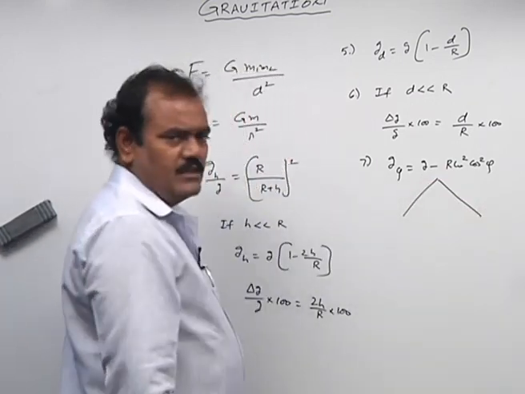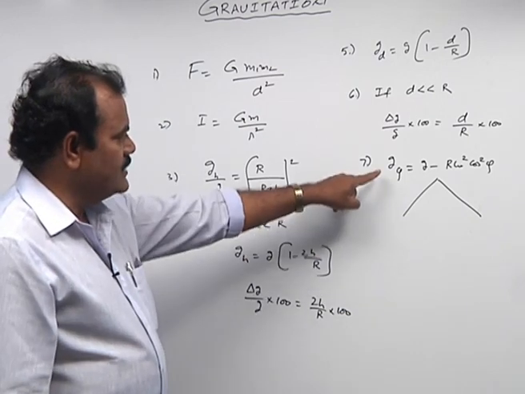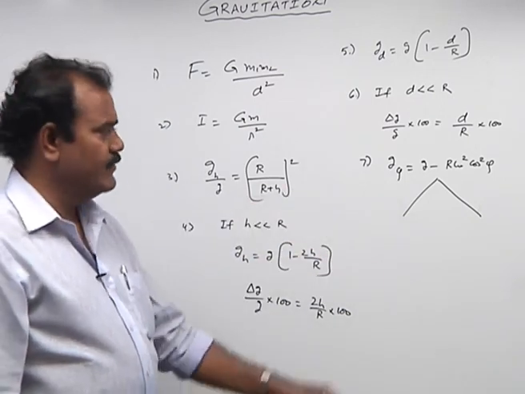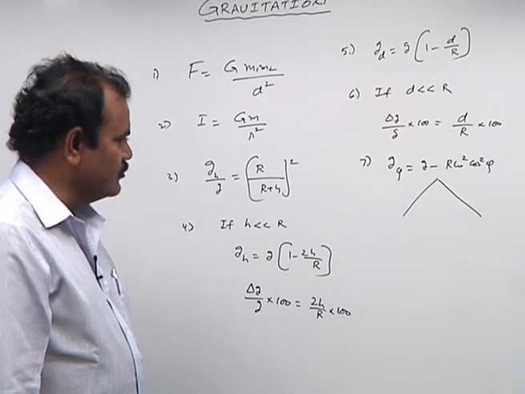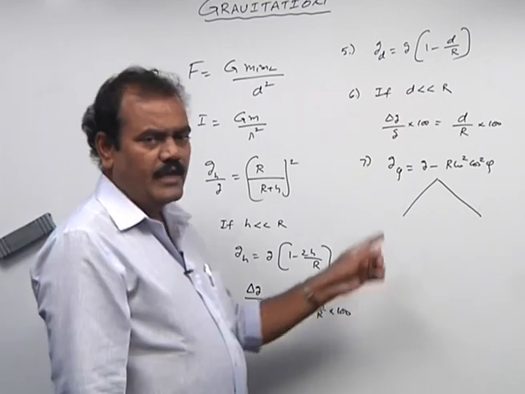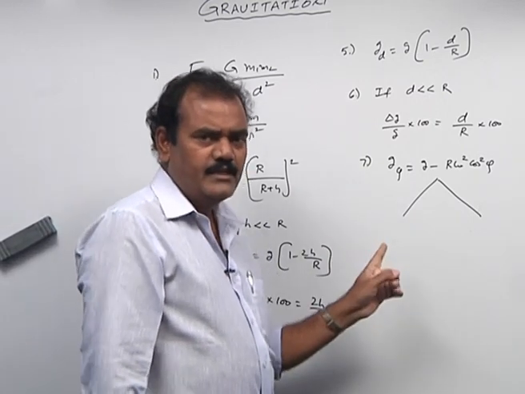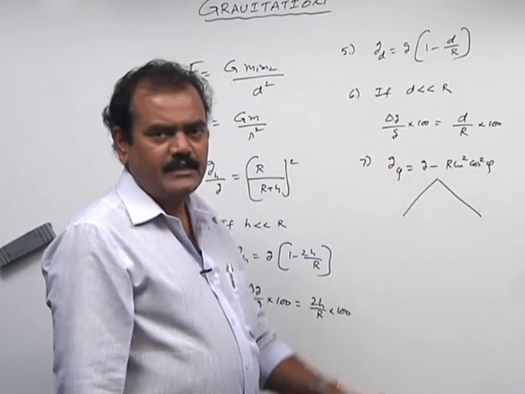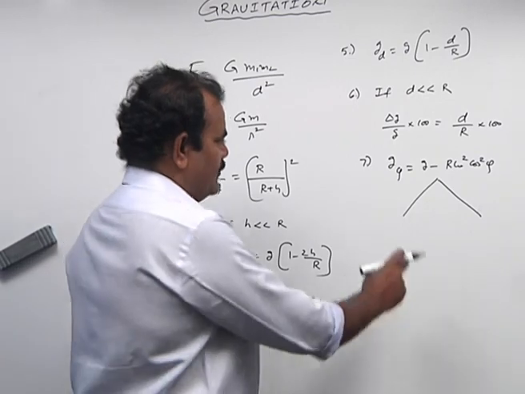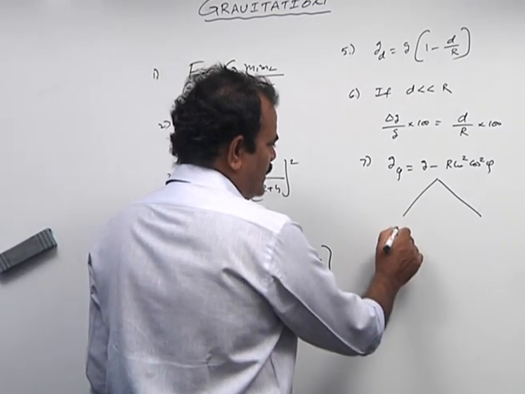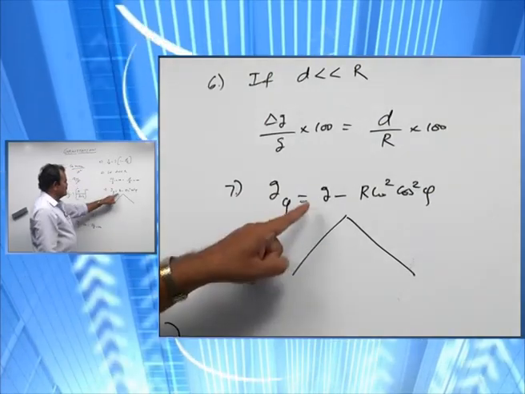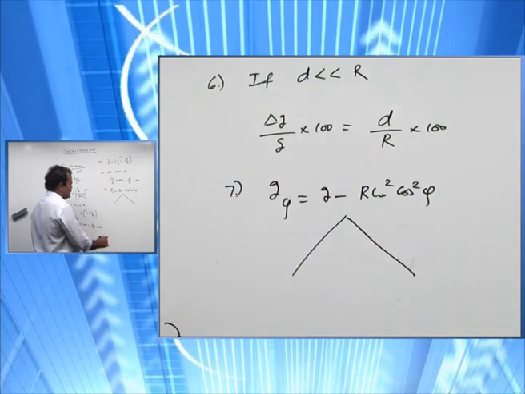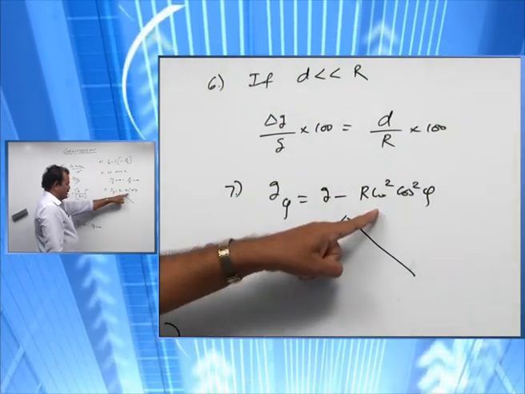Suppose at the equator phi is equal to 0 degrees, I already defined the meaning of latitude: latitude is the angle made by the line joining the particle to the center of the earth with the equator. So at the equator phi is equal to 0 degrees, then g_phi is equal to g minus r omega square.